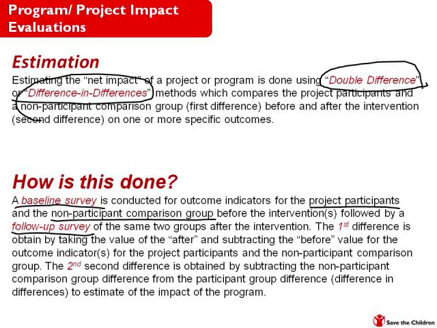So this constitutes the first difference. The second difference now involves taking the amount of change that occurred in our participants and comparing it with the amount of change that occurred in our control group. This second difference then becomes the estimation of the net effect of the project intervention.